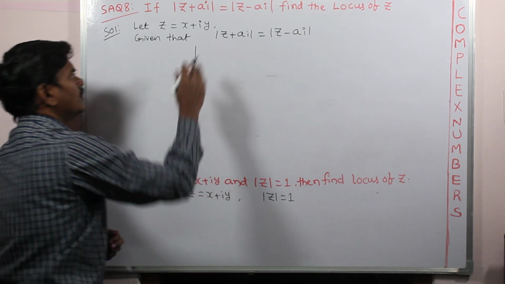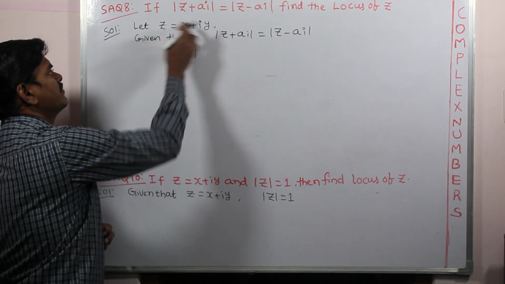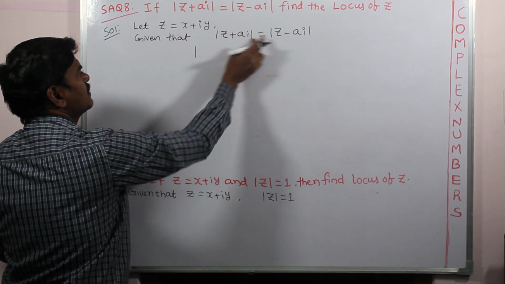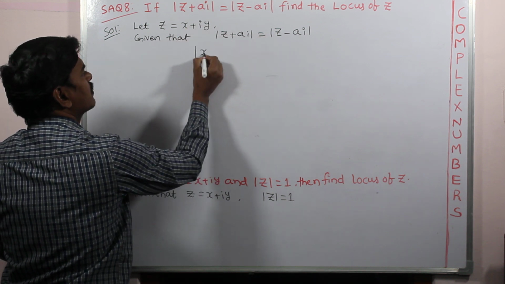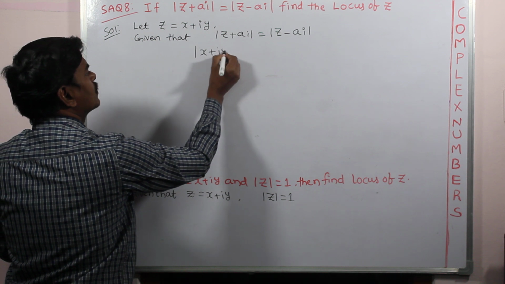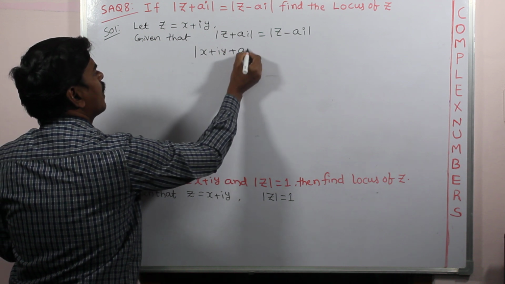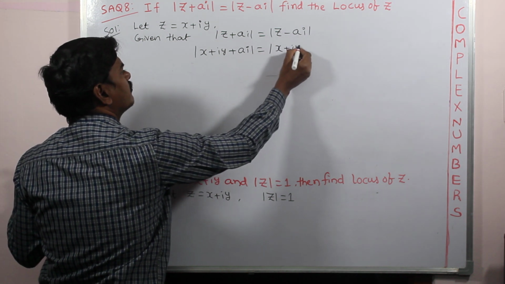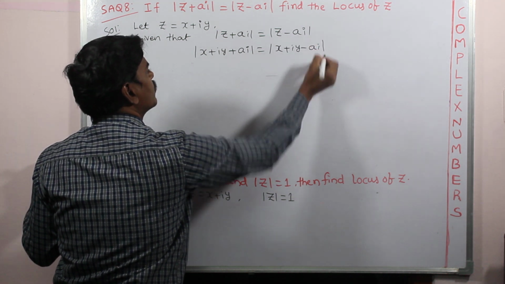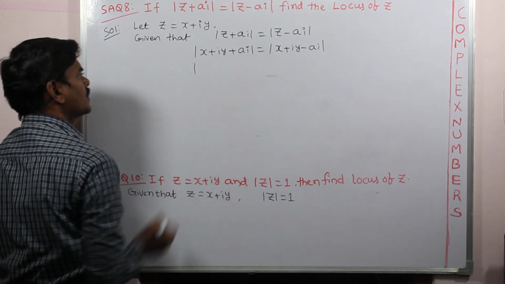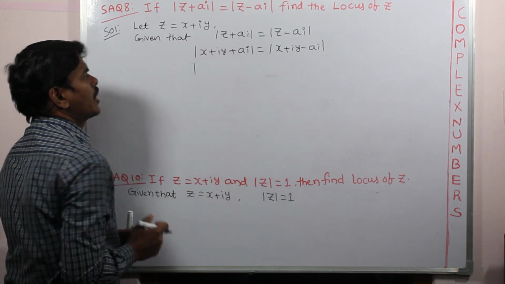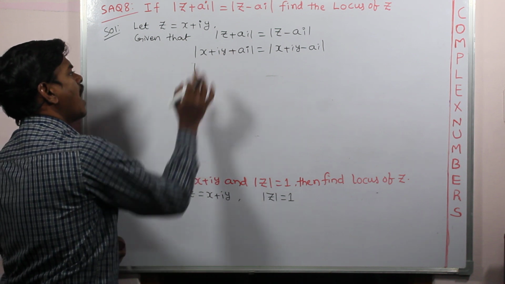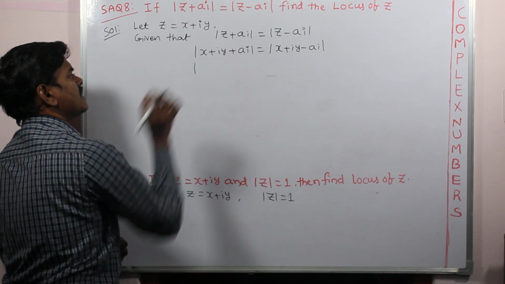Now, in the given condition, substitute the z value. Z is assumed as x + iy, so in place of z everywhere you write x + iy: |x + iy + ai| = |x + iy - ai|. To use the modulus formula, we should have real part plus imaginary part.